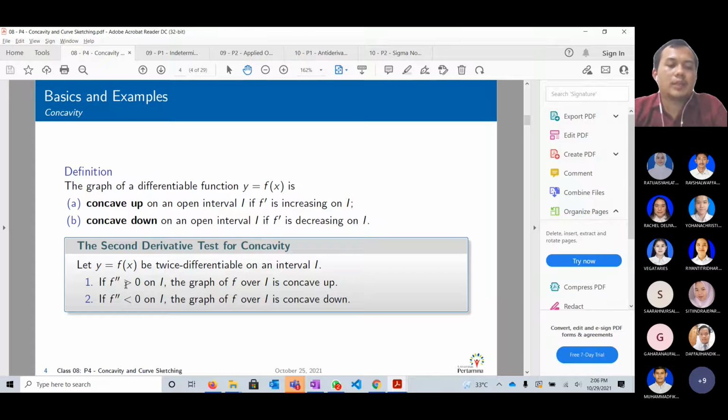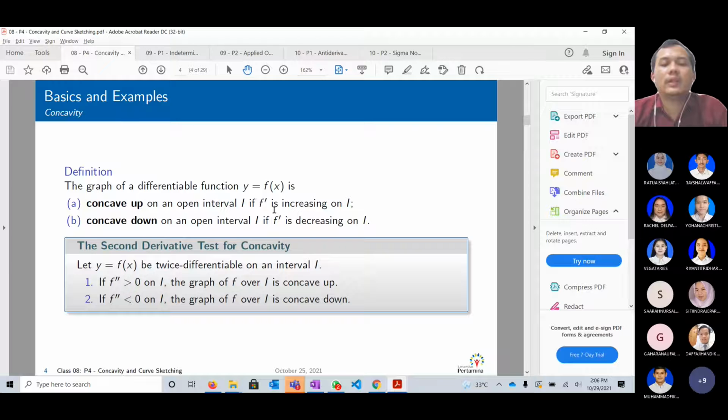If f double prime is positive, then the graph is concave up. If f double prime is negative, the graph is concave down. Jadi di sini jelas ya. Kalau tadi yang kita bahas adalah turunan pertama, dengan turunan pertama kita bisa menentukan apakah fungsi itu fungsi naik atau fungsi turun ya.